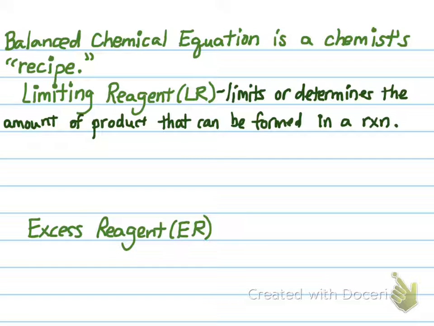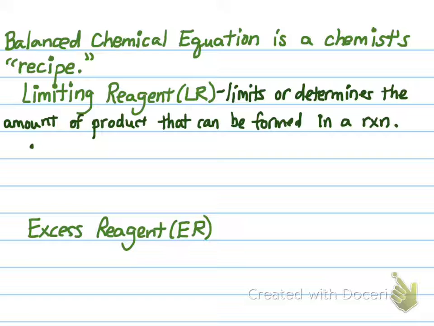Again, when we talked about gassing up, our limiting reagent was our cash. When we talked about making sandwiches, our limiting reagent was the slices of bread we had. When we talked about cookies, eggs were our limiting reagent. It limits, or determines, how much of our product we can actually have.